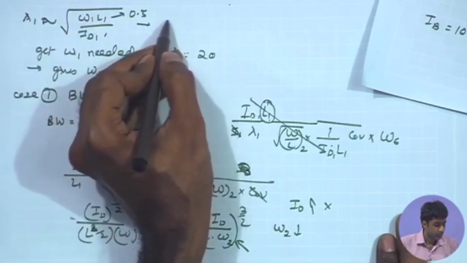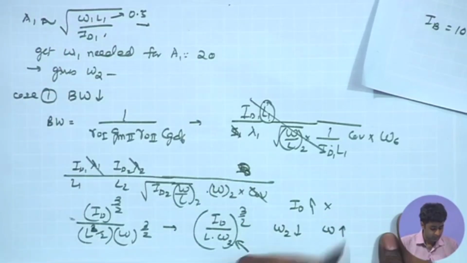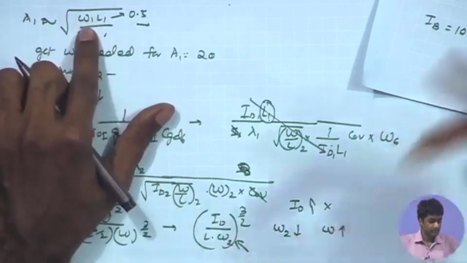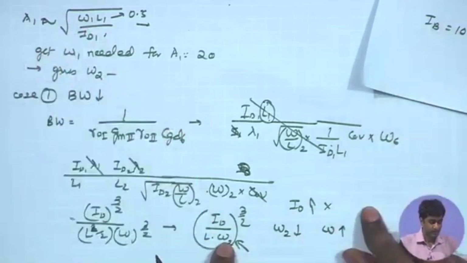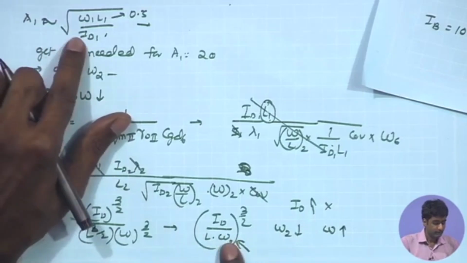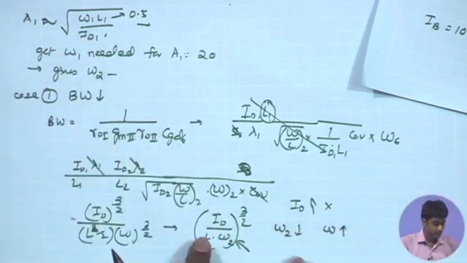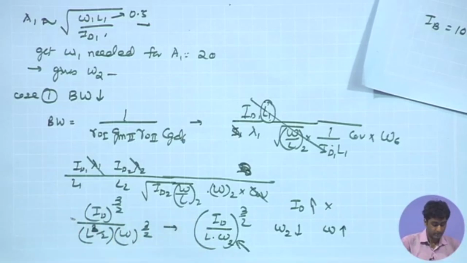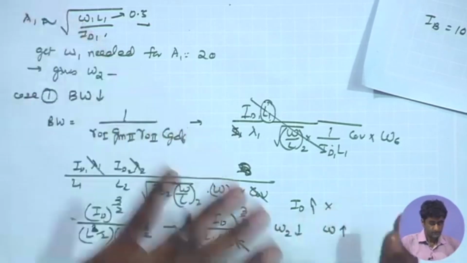So I can go up and increase the W1 by the same factor, so that the A1 is going up by the same factor, whereas A2 is going down a little bit, so that the A1 A2 product is being maintained while increasing the overall bandwidth. So we can see the directions to be taken up.